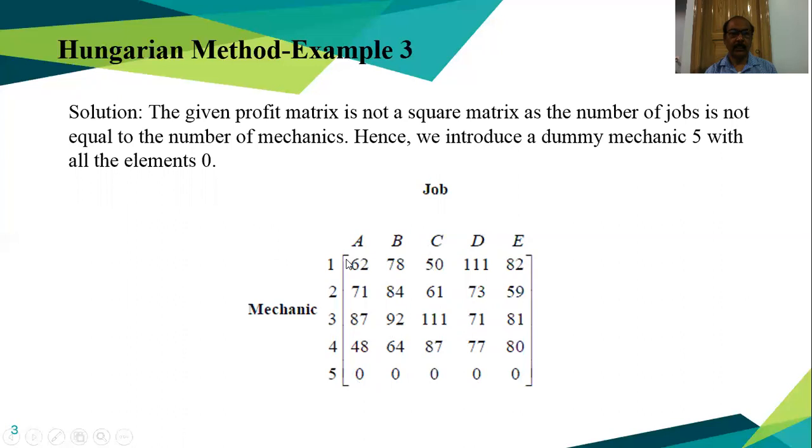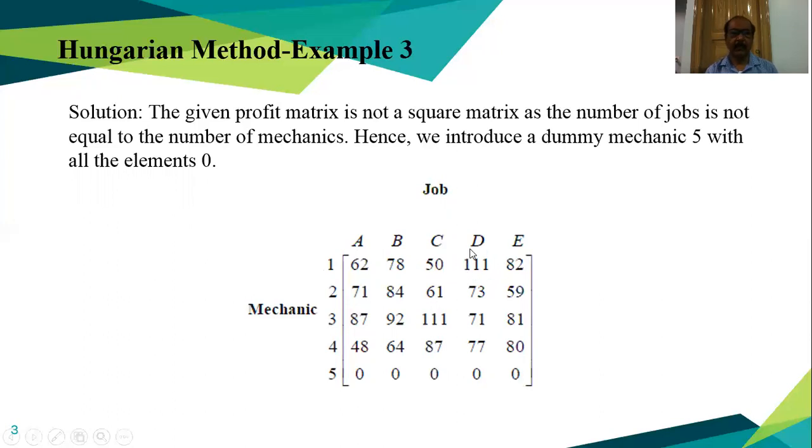Now what is the next step? Each and every element is subtracted from the maximum profit. This is the profit matrix, 111. If we assign machine 1 to job D, we will get the maximum return, 111.